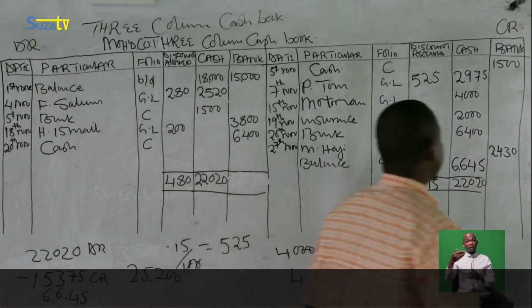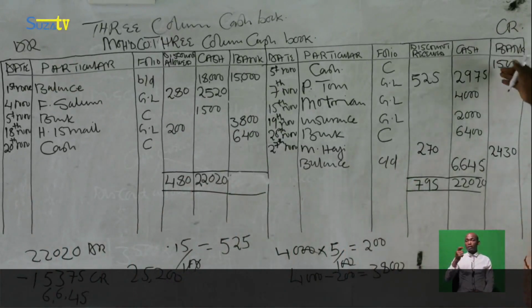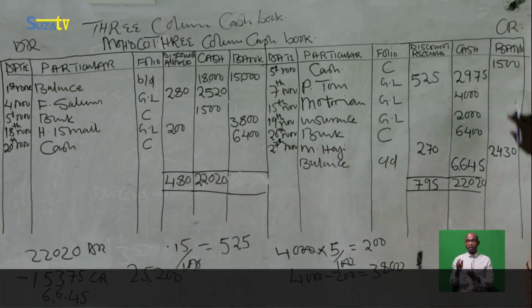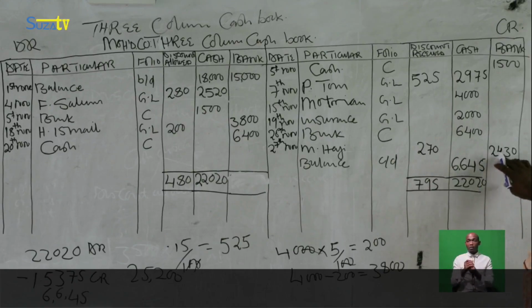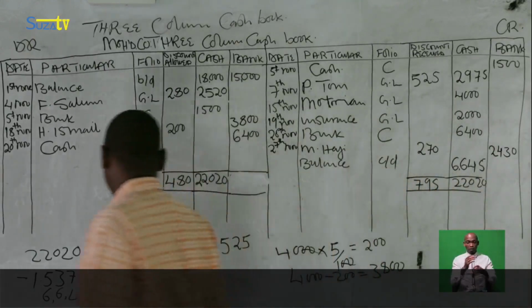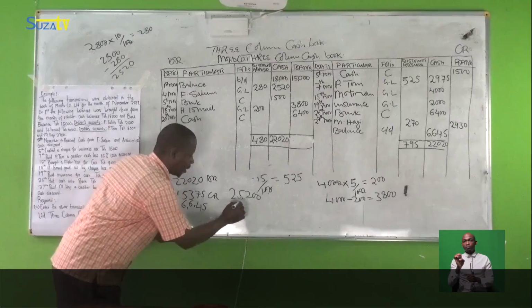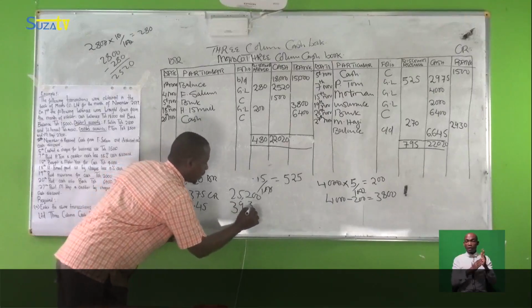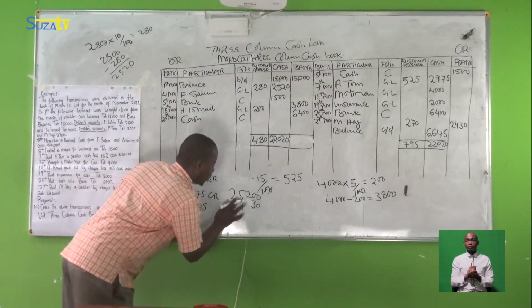Then come to the credit side. Add this one, 1,500 and 2,430, you get 3,930.